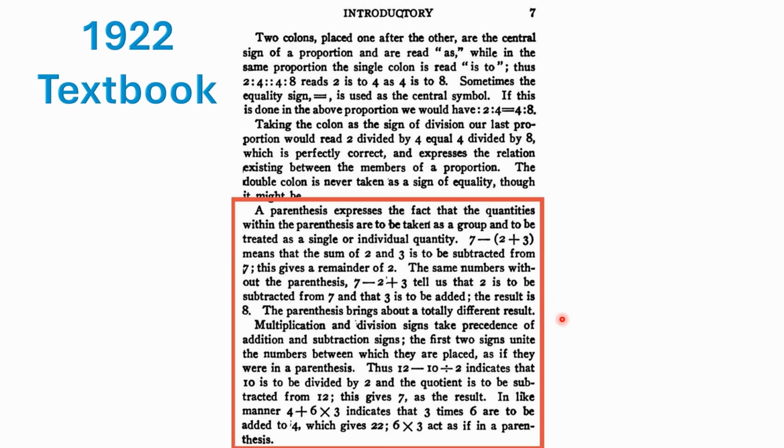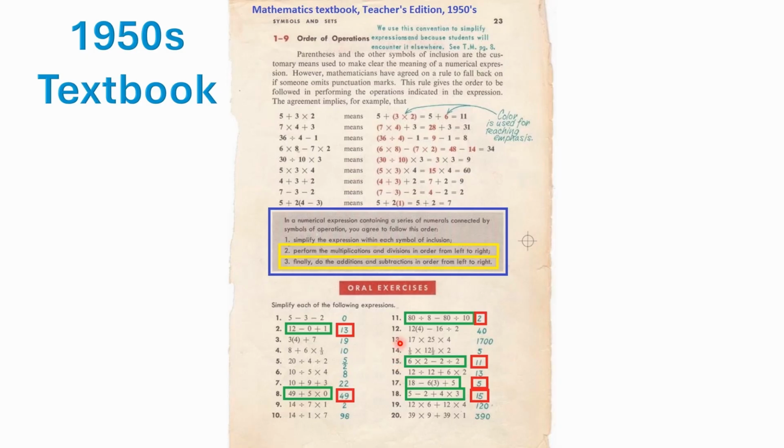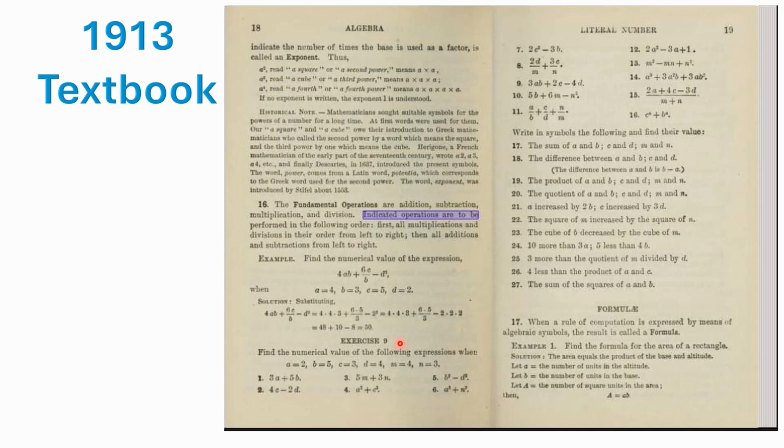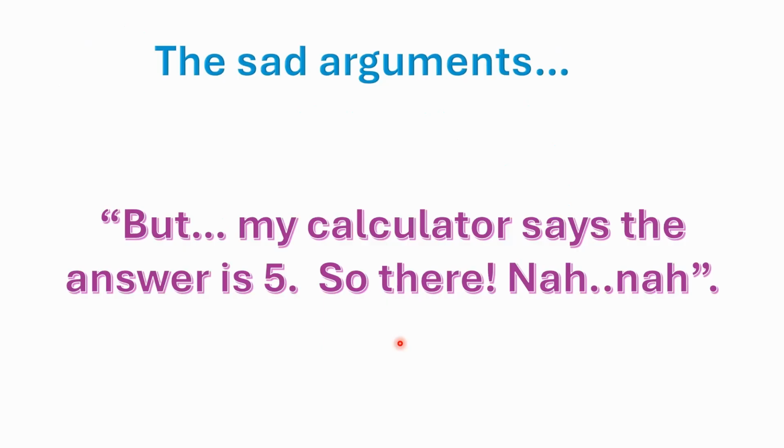This is a 1922 textbook, and it clearly defines the fact that multiplication and division take precedence over addition and subtraction, and that is without parentheses. A 1950s textbook says the same thing. There are no textbooks that ever taught blindly to solve left to right. A 1913 textbook, same thing.